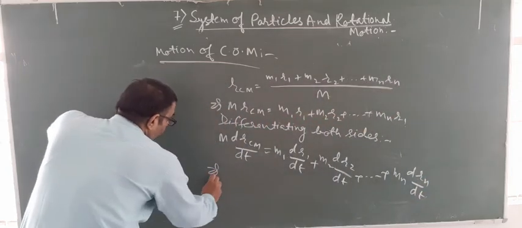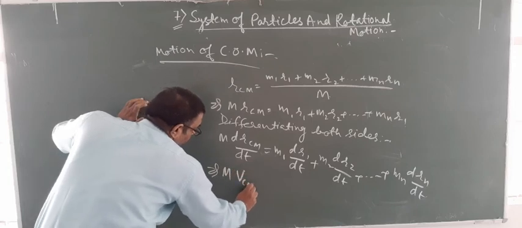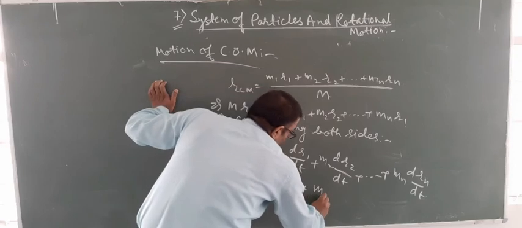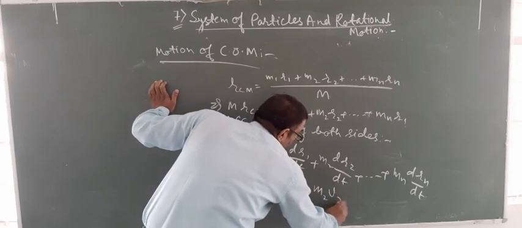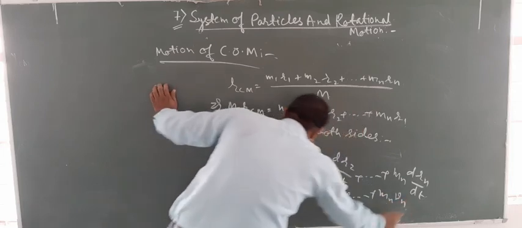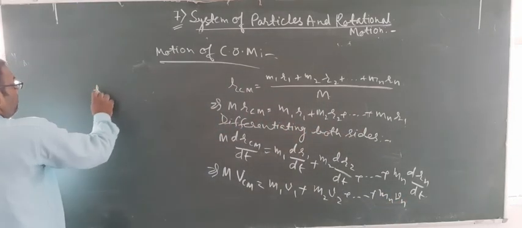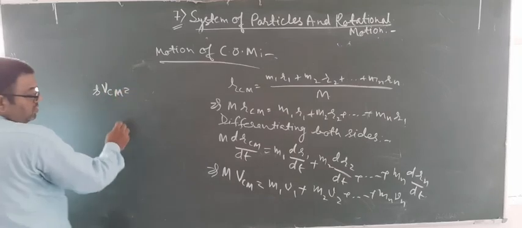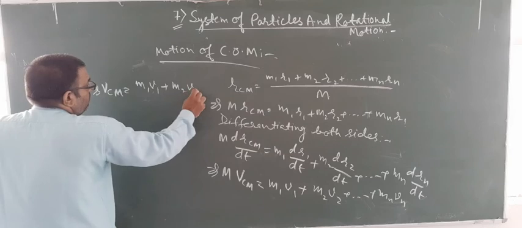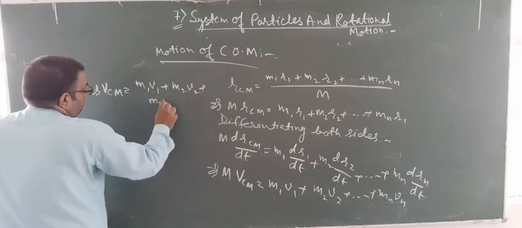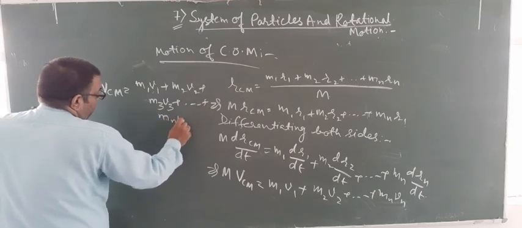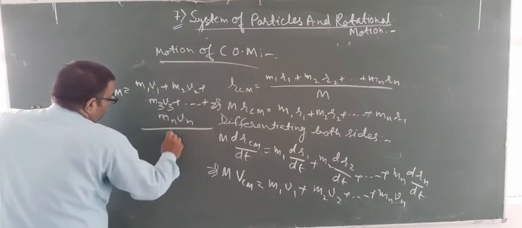This d rcm upon dt is the velocity of the center of mass, so M vcm is equal to m1v1 plus m2v2 plus up to mn vn. And from here vcm is equal to m1v1 plus m2v2 plus m3v3 plus up to mn vn divided by M.